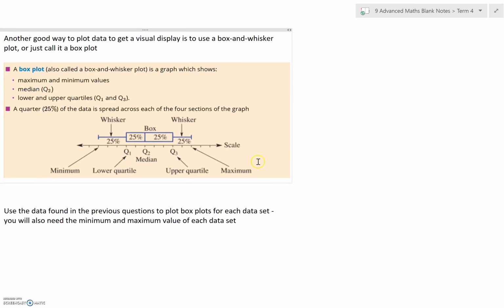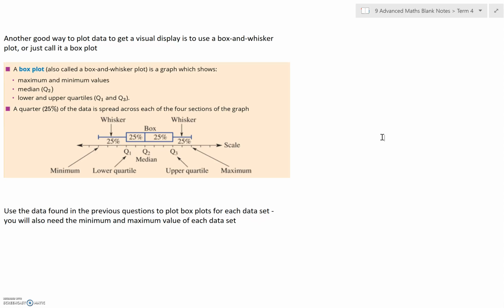A good way to look at this visually is to look at a box plot, sometimes also called a box and whisker plot, and it's called that because it's got a box in the center and 2 whiskers on either end. What makes up this type of graph are our maximum and minimum values, our median, and our quartiles that we found just a second ago.